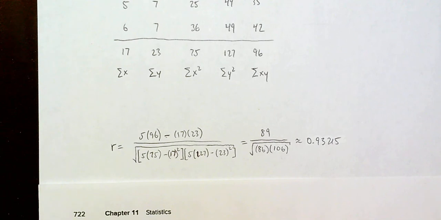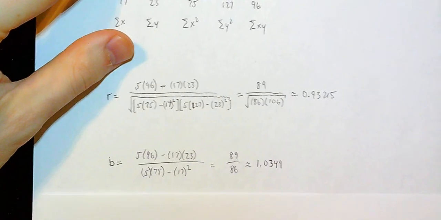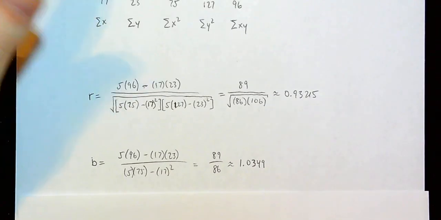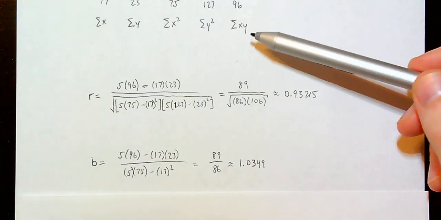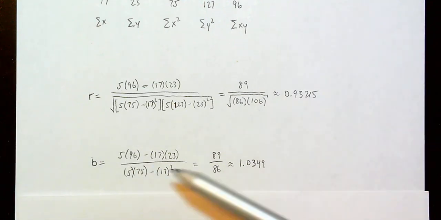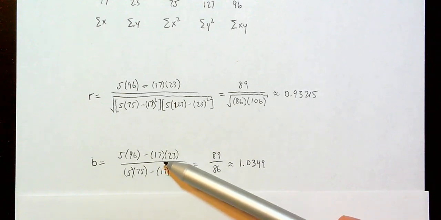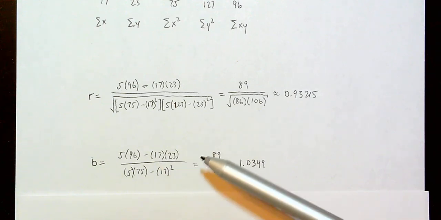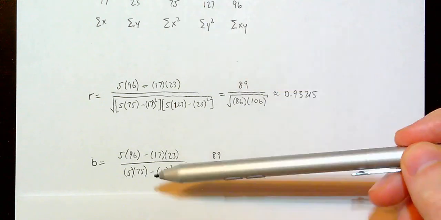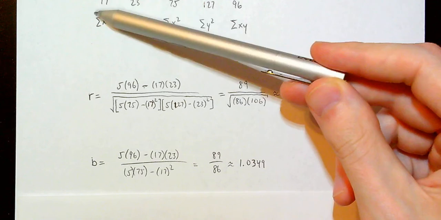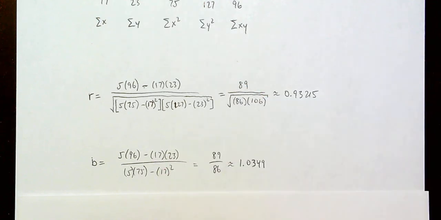Okay, let's see if you came up with the correct A and B values. So B here, again, n times the sum of the product of the x's and y's minus the product of the sum of the x's and the sum of your y's. And then n times the sum of your x squareds minus the sum of your x's squared.